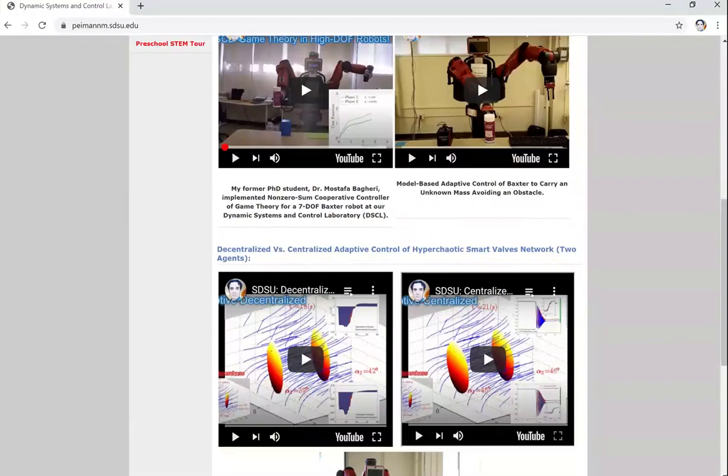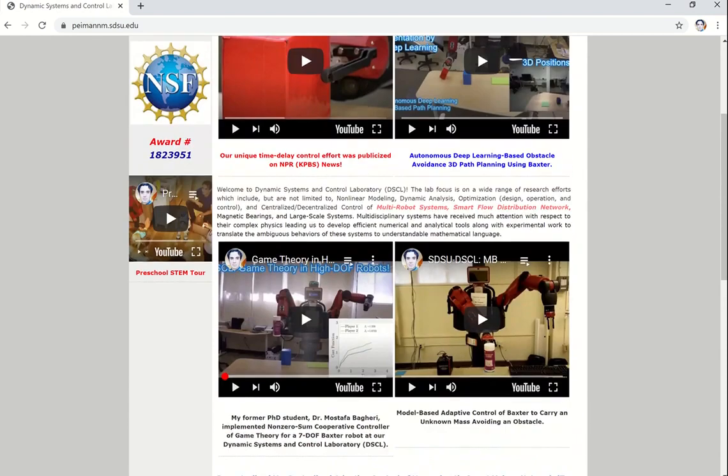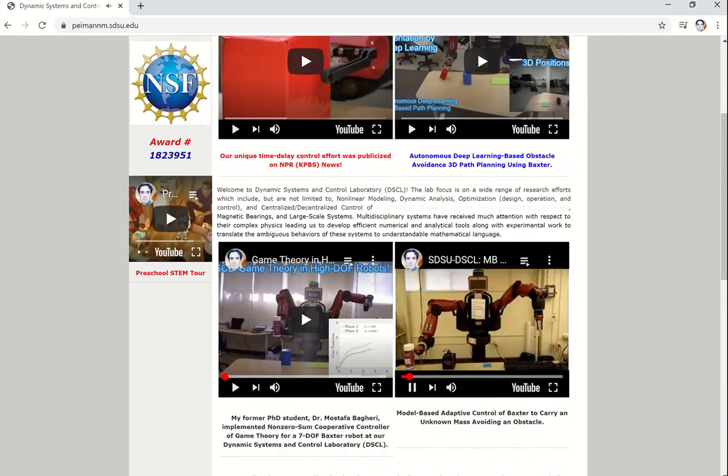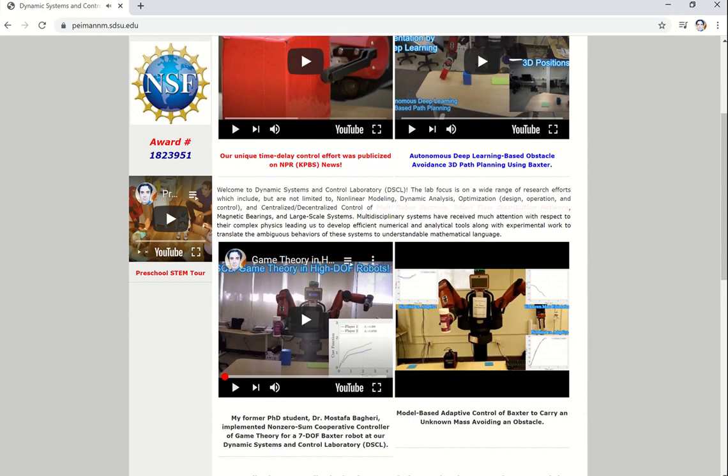Or these NAOs, they are 25 degree of freedom systems. It's very similar to the human body because they have legs at the same time. But this one is only a manipulator. I'm just running one of them to see. We implemented the model-based elastic controller on the Baxter to pick up an item, pass over the obstacle, and put it on the destination.